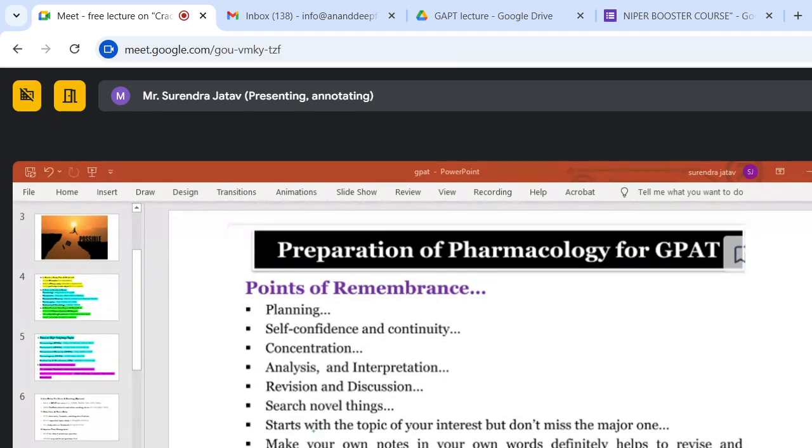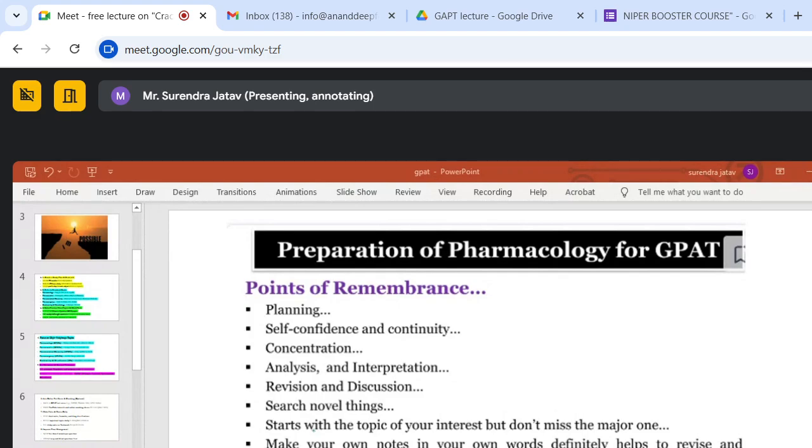Don't read someone else's notes. Try to get some books, write notes from those standard books and make your own notes, because when you read somebody else's notes you cannot read 100%, so try to make your own notes instead of studying someone else's notes. That is also important.